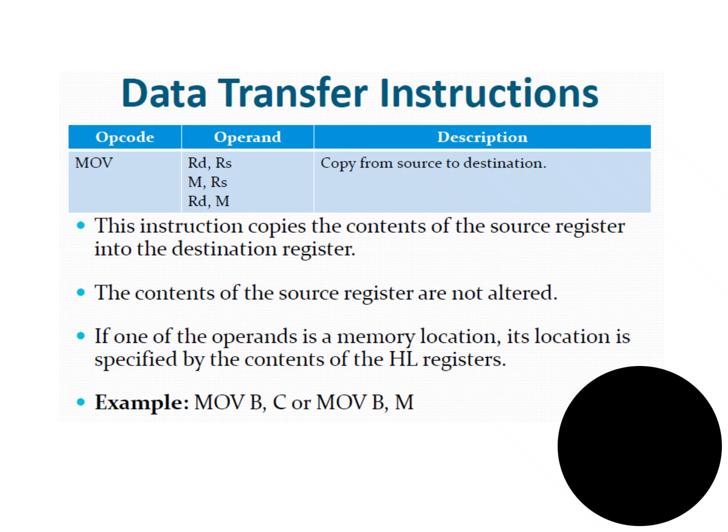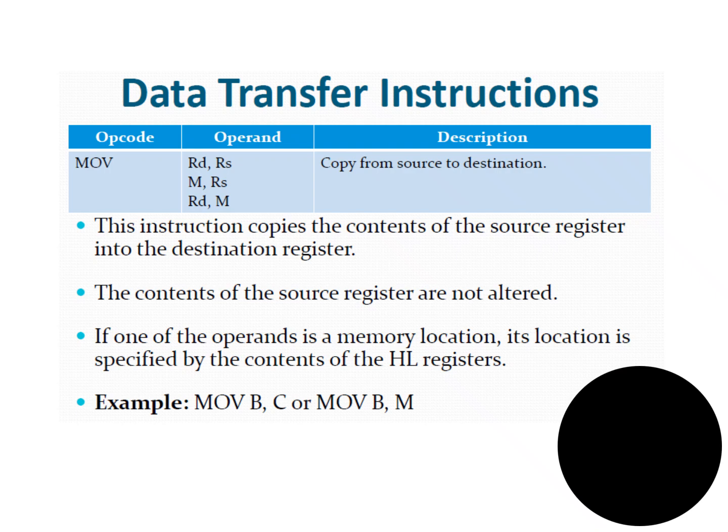An example can be MOV B, C. Before execution, suppose the C register has 35 and the B register has 25. After execution of this instruction, the number 35 will be copied into the B register.